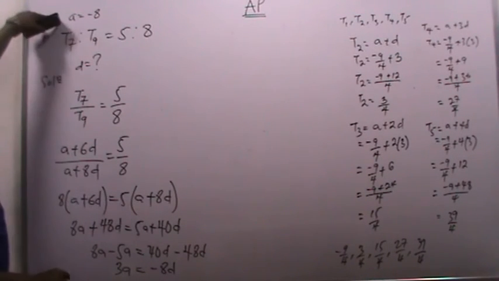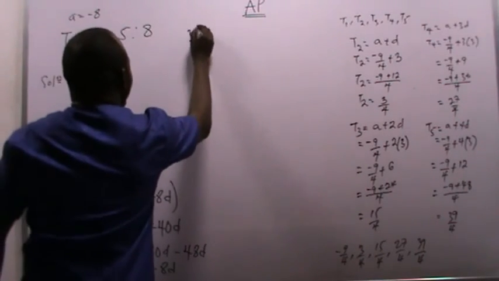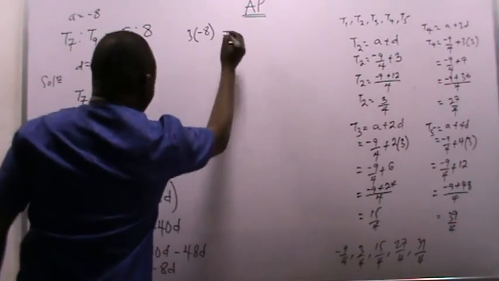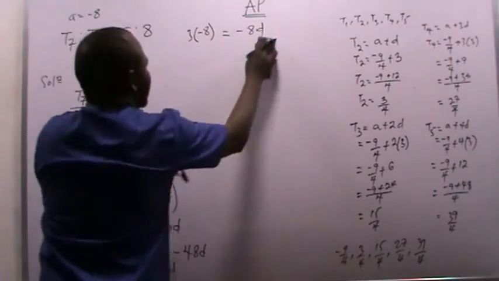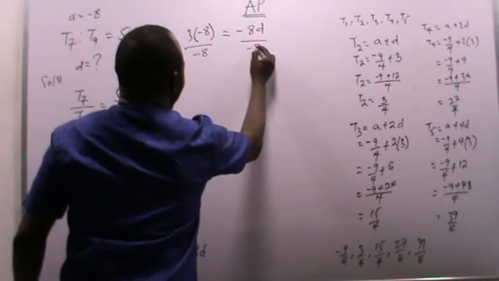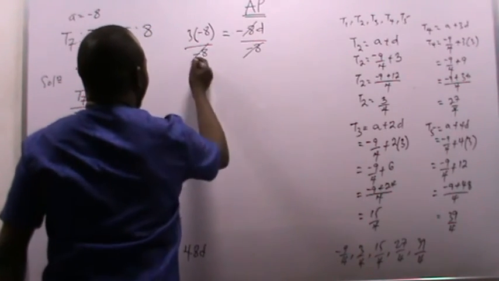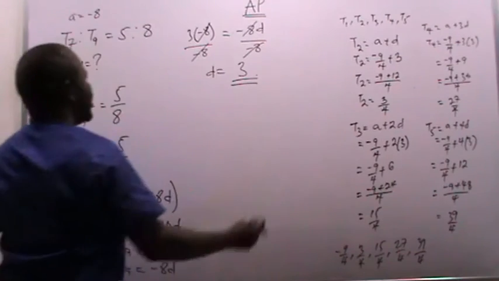Now, in the question we are told that A is minus 8. So we have 3 brackets minus 8 equals minus 8D. So divide this by minus 8, divide this by minus 8. This we cancel, this we cancel. Meaning your D is 3.